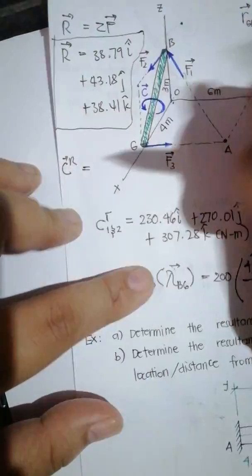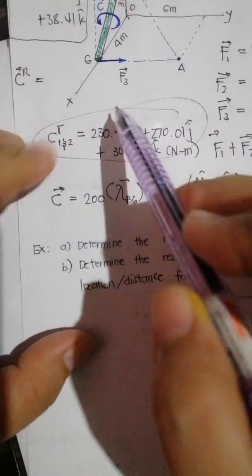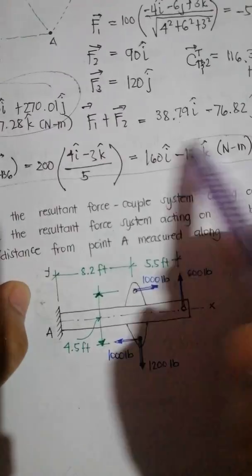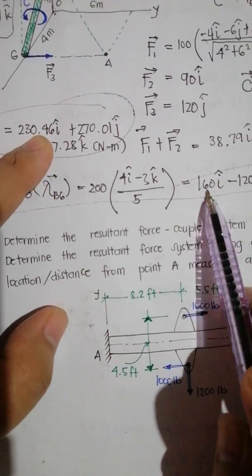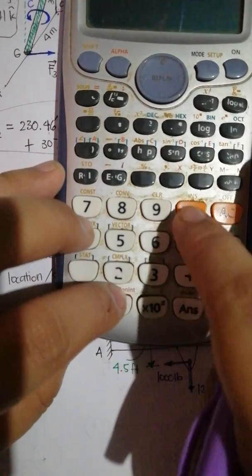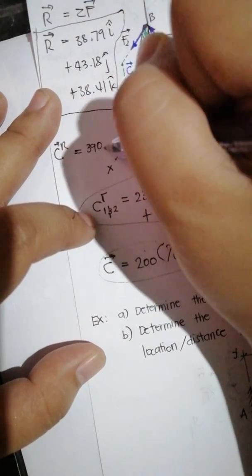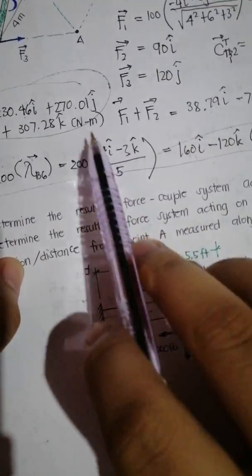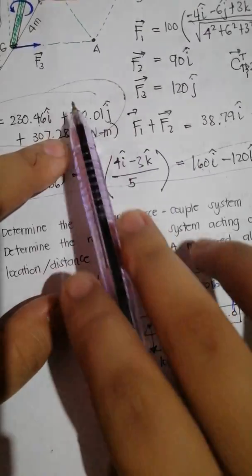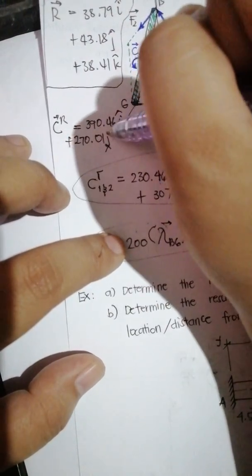For the resultant couple, we have to add everything. We have to add this total couple of transfer and the existing couple vector. So for I hat, we have to add 230.46 plus 160. That is 390.46 I hat. For J hat, wala tayong i-add dito, so 270.01 lang agad J hat.